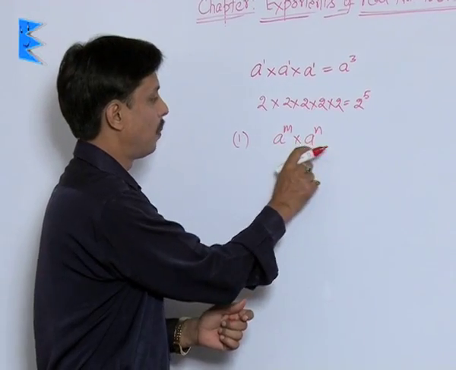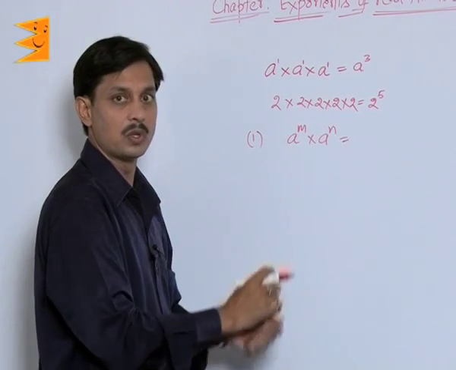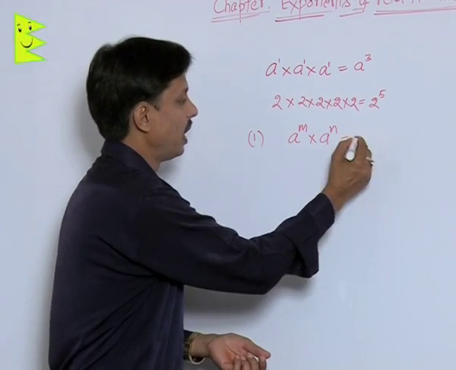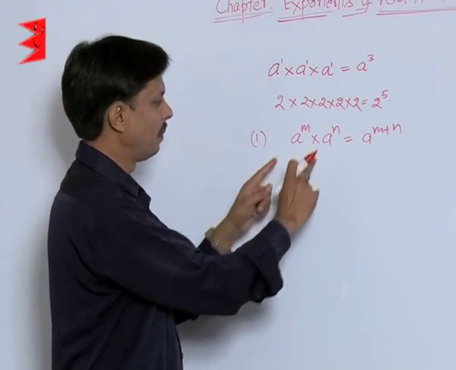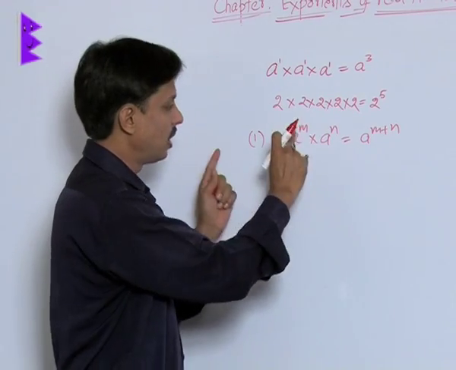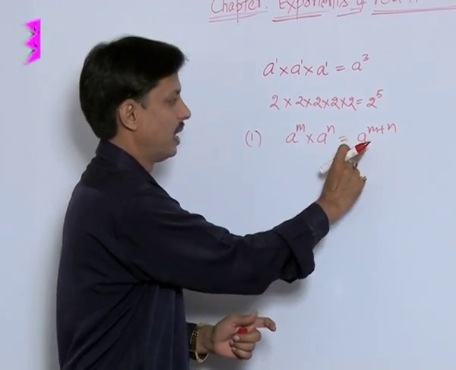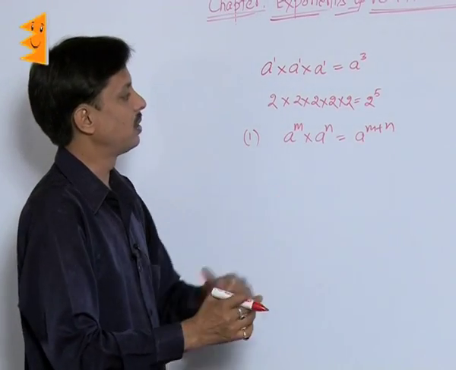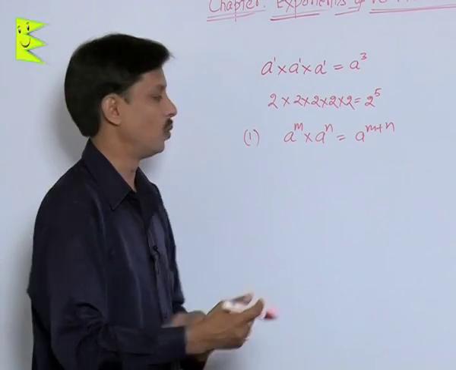The base of both is the same, only the powers are different. So in this problem of exponents, the answer is a to the power m plus n. When bases are the same and powers are different, then in the product the answer is the same base and the sum of the powers, m plus n, that is a to the power m plus n. This is the first rule.